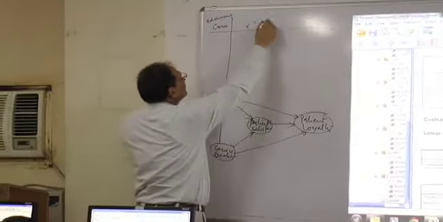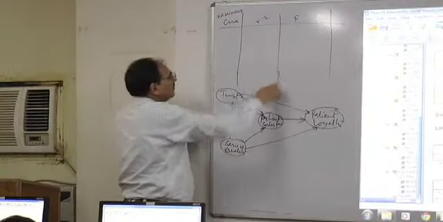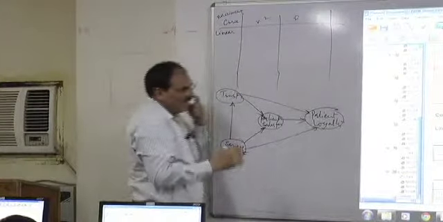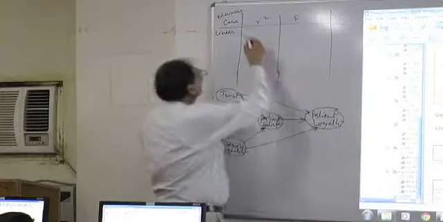Linear: what is R square? See from here, 0.711. And F?